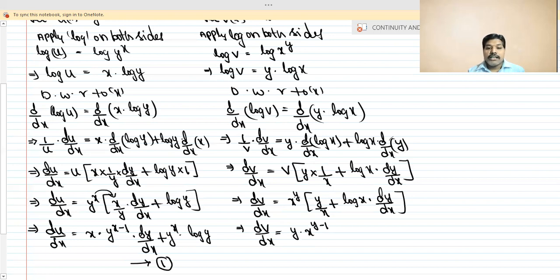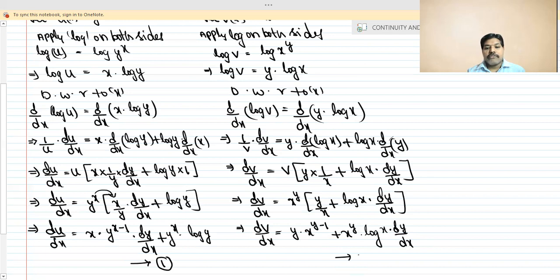Why? Because x power m by x power n can be written as x power m minus n. And multiply the second term: x power y into log x into dy by dx.